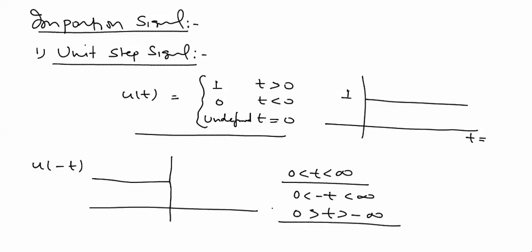We can further draw other derivatives of u(t), like u of minus t minus 1. How can we draw it? Simple. t is defined between 0 to infinity, and for u of minus t minus 1 we put the modification in the range: minus t minus 1, solve for t.